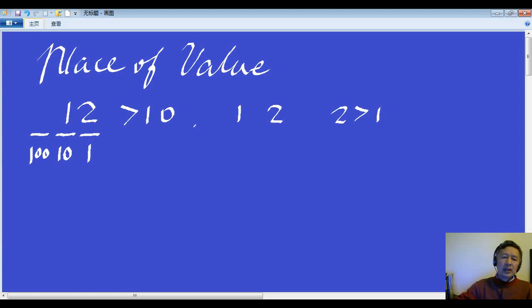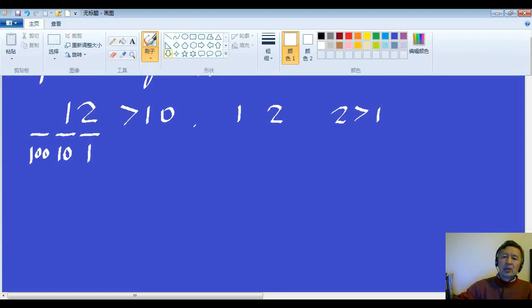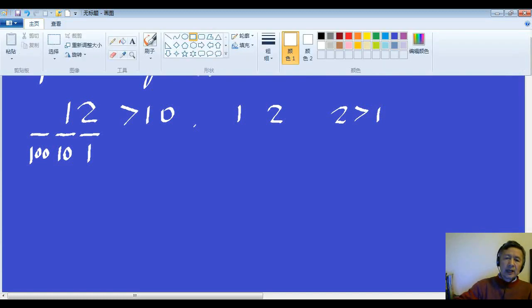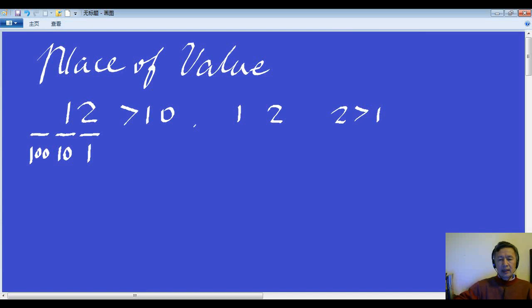So in general, can we draw boxes to represent this concept? Perhaps I use a different color to indicate that these boxes are generally invisible. So we put a box here, and then we continue to draw this box here, or you can copy that box.